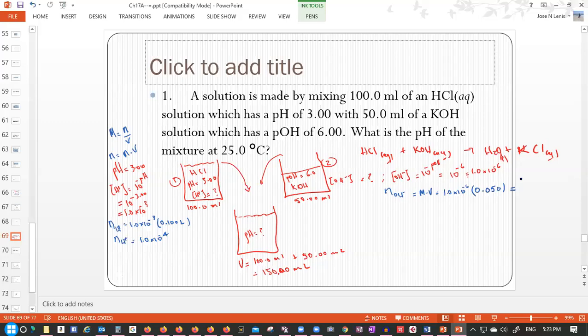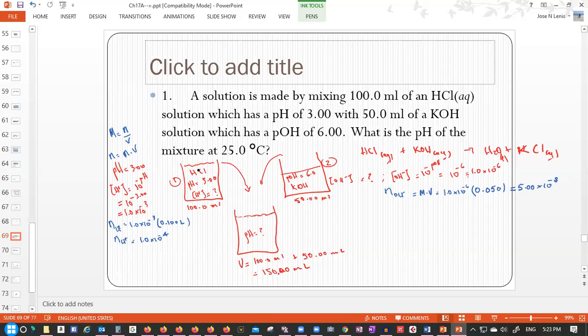That makes sense. 5.0 times 10 to the negative 8. That's the number of moles of OH minus.